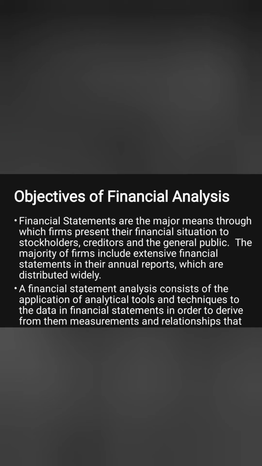Now coming to the objectives of financial statement analysis. Clearly there are two objectives. One is supplying information to the stakeholders, outsiders and investors, which is very useful for making investment decisions and internal decision making.